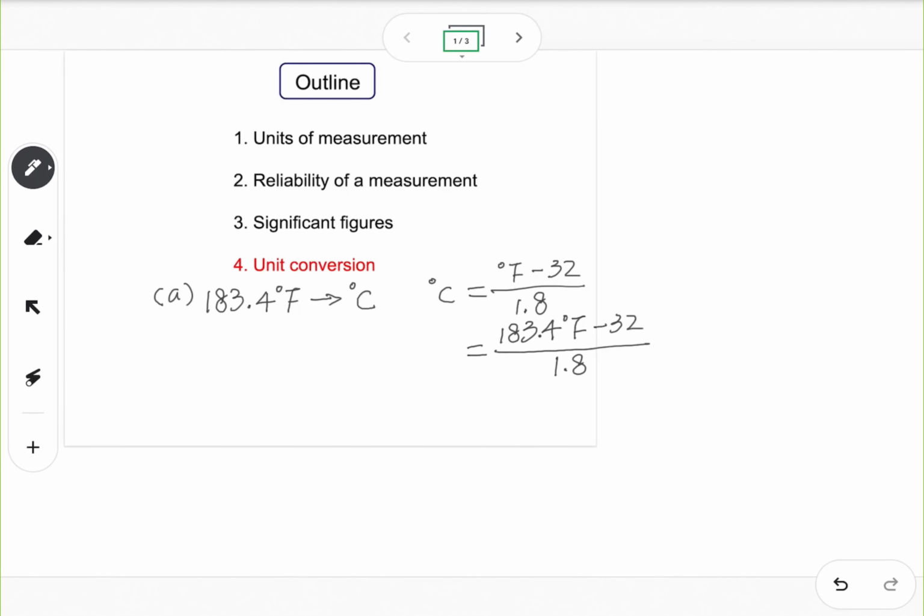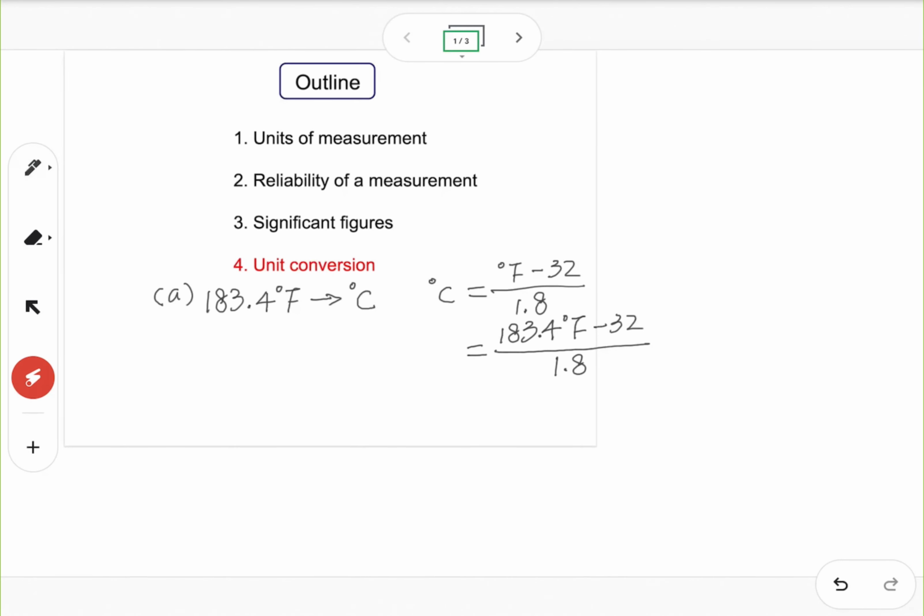But if you are doing calculations involving constants, what should we do? If this were just a pure mathematical calculation, then for the top one, since it's a subtraction, we need to consider the number with the fewer decimal places. This one is ambiguous, but we will consider that it does not have a decimal place. So the intermediate answer of this step is supposed to have no decimal place.